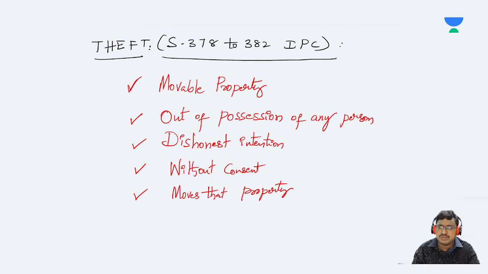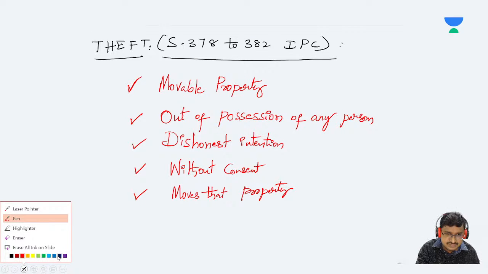If we observe the illustrations given under section 378 of IPC, we can find what movable property is. In a number of cases, the apex court of our country has given some clarity regarding what is movable property. Now let us see the concept of movable property here.